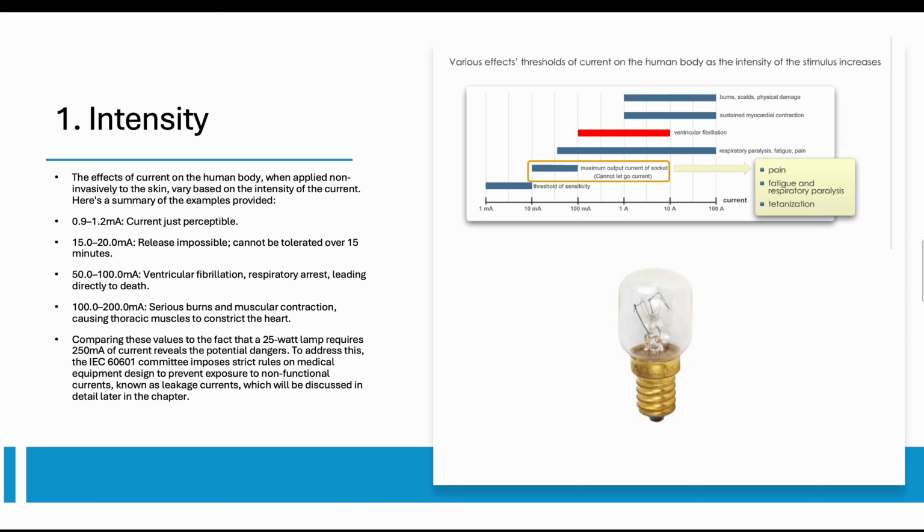So it's important to consider the safety aspects of handling these electrical appliances. It's as dangerous to handle household appliances as medical equipment, because it only takes a small amount of current to actually create a physiological effect on your body in the event of an electrical shock.